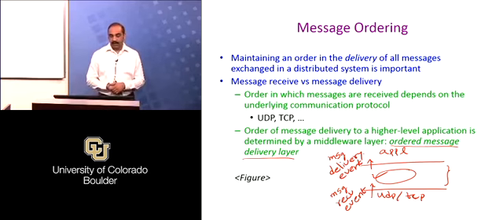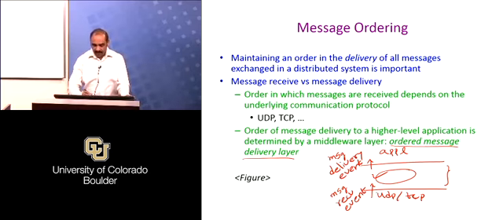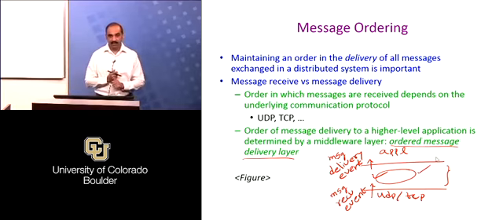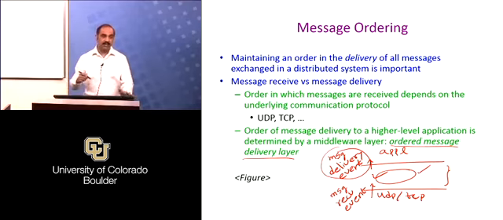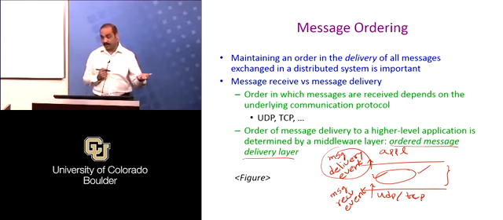Now the idea is that when a message is received, the application doesn't see that message immediately. It's basically message received, your middleware layer will see that message. The application is going to see that message only when this event occurs, which is what we call the message delivery event.